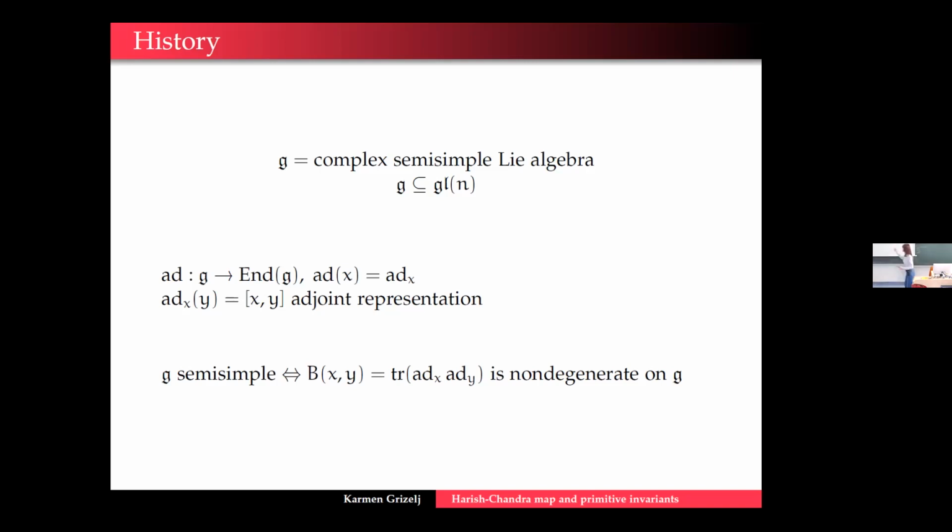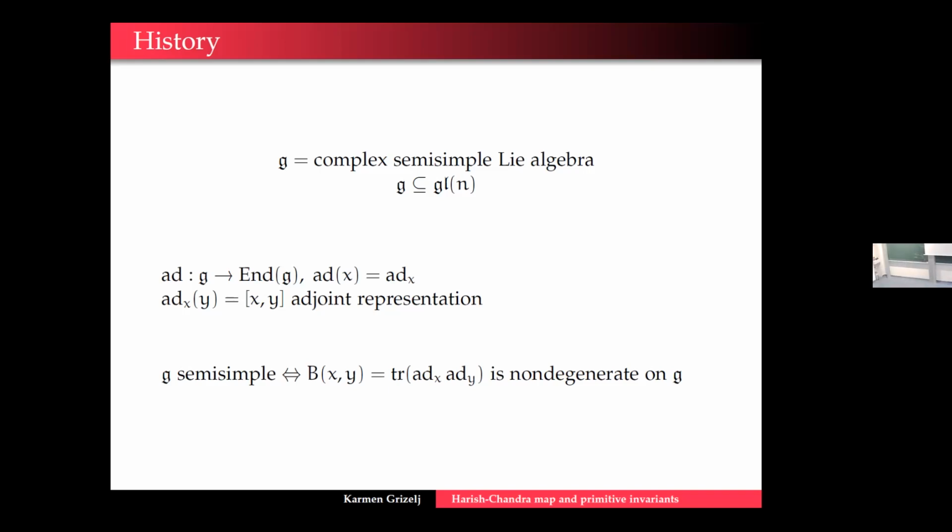In fact, this is something we mostly do, because most of the time we can just behave as though we're talking about matrices. So you know how to make a commutator of matrices, and that will be our Lie bracket.